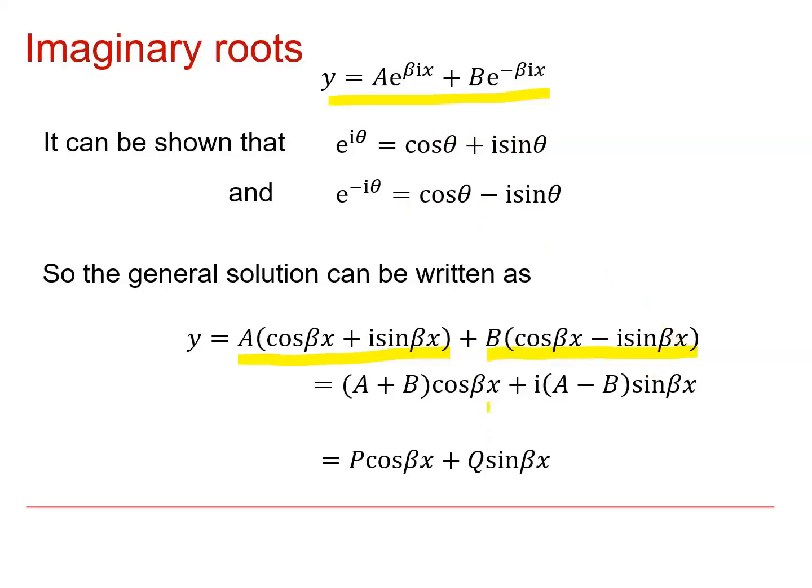If I pull together the real and imaginary parts, you can see I get these. And all I've done is to rewrite a plus b as some other arbitrary constant p, and i a minus b as some other arbitrary constant q.